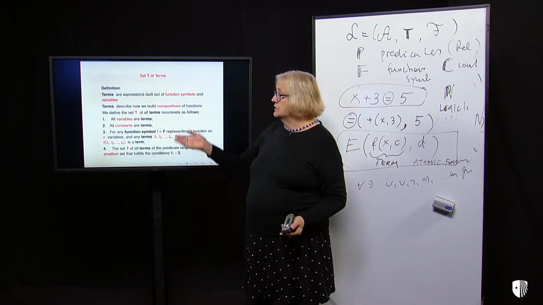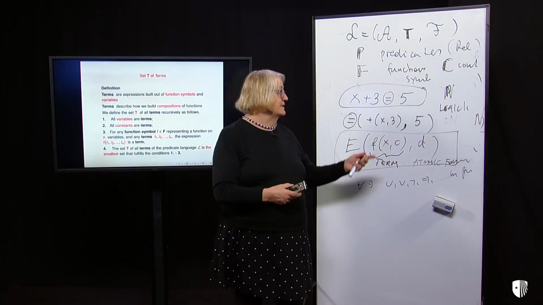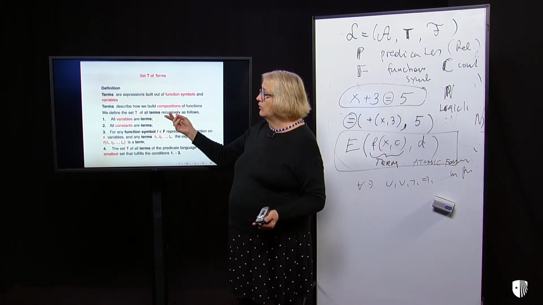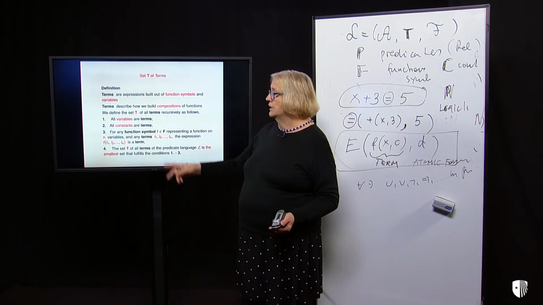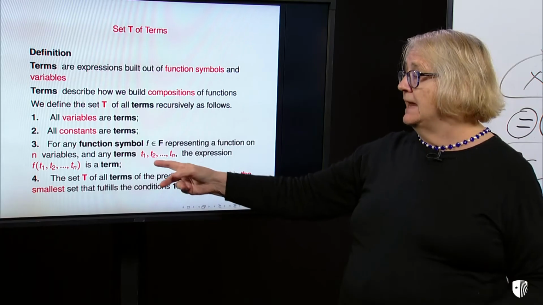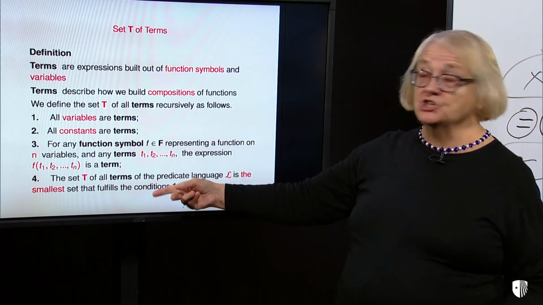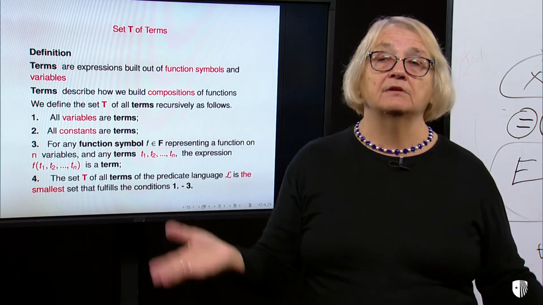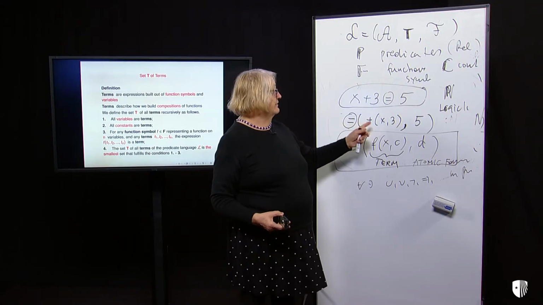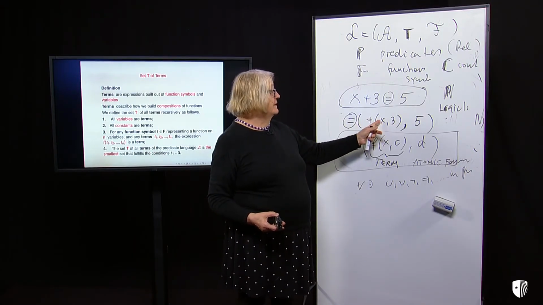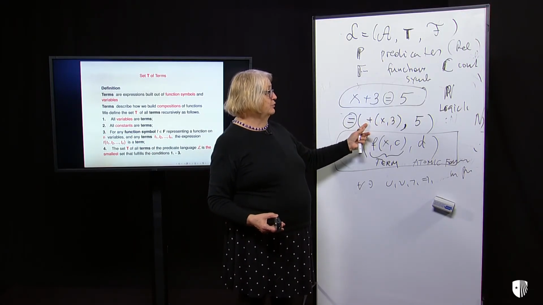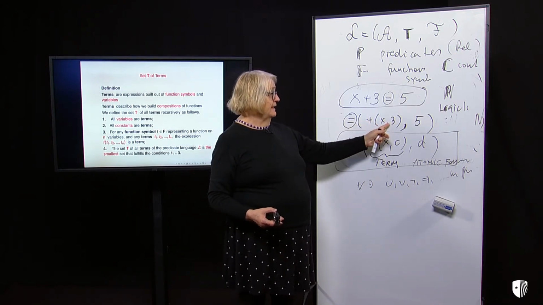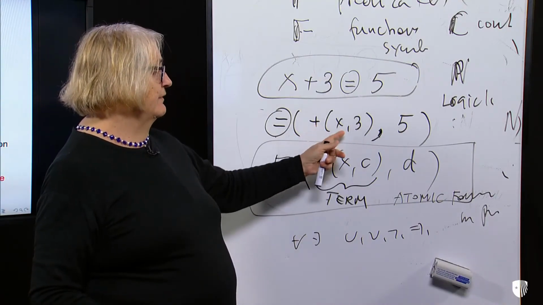So we have those terms which represent all these functions in a sense. We say all variables are terms, constants are terms, and with this inductive definition, if you already have terms, you just write the functional symbol in front. That would be a term, and that would be a term, because I wrote the functional symbol in front, and this function is a two-argument function.